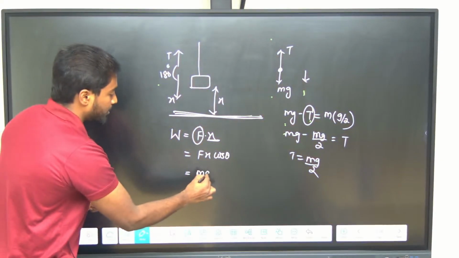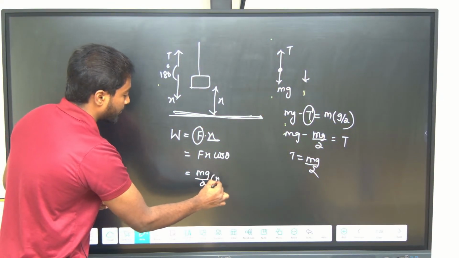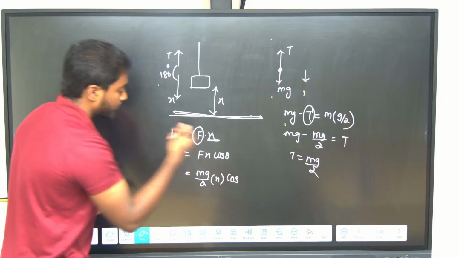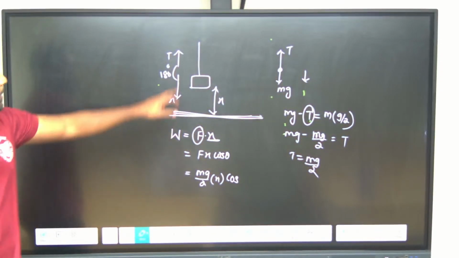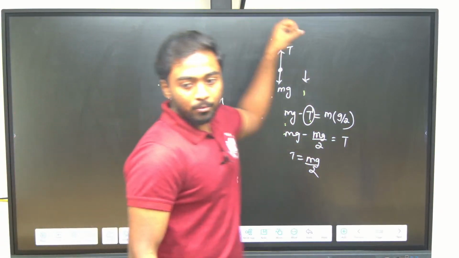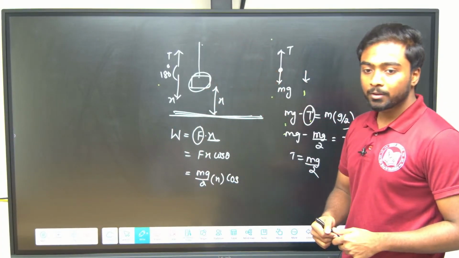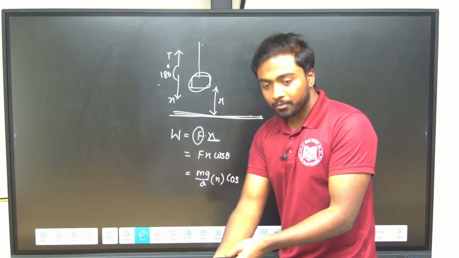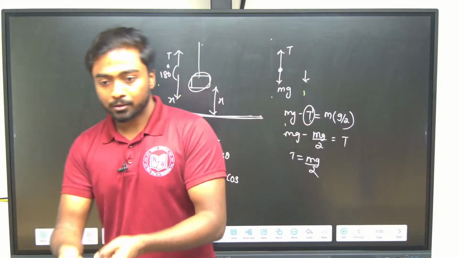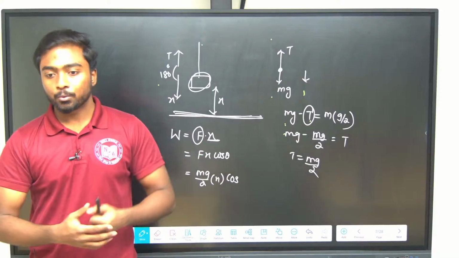So mg by 2 into x into... now T is the force, because the block is held by the rope. Because of the rope only, as I slowly leave the rope, the block is going down.